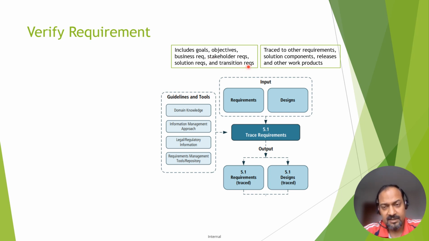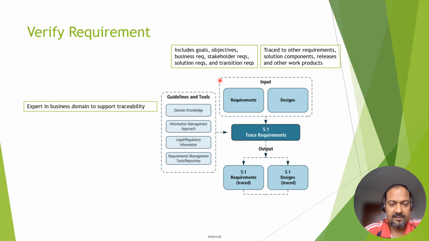So requirement and design together act as an input for the trace of the requirements. Then we have the domain knowledge, which acts as guidelines and tools, but these are also inputs. So domain knowledge: expertise in the business domain to support traceability.